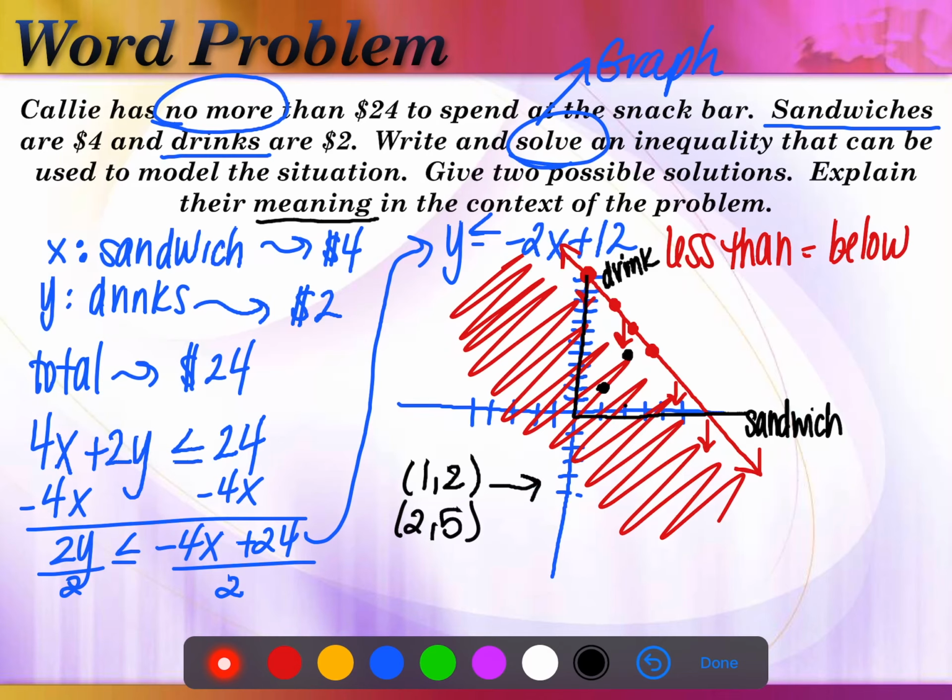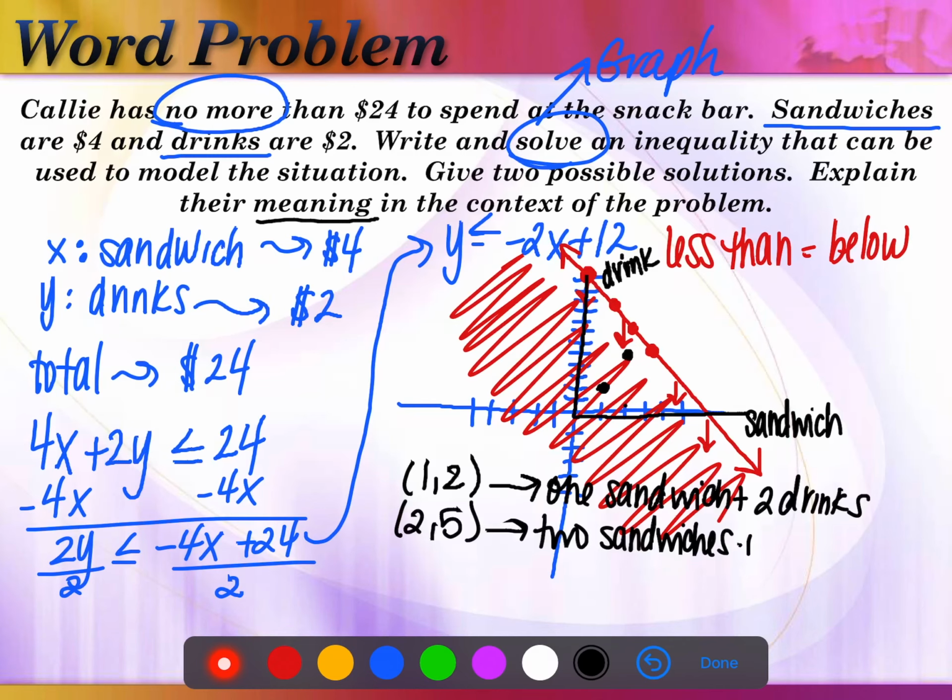Well, what does this ordered pair mean? The x value represents sandwiches and the y value represents drinks. So this is 1 sandwich and 2 drinks. Okay. And this is 2 sandwiches and 5 drinks.